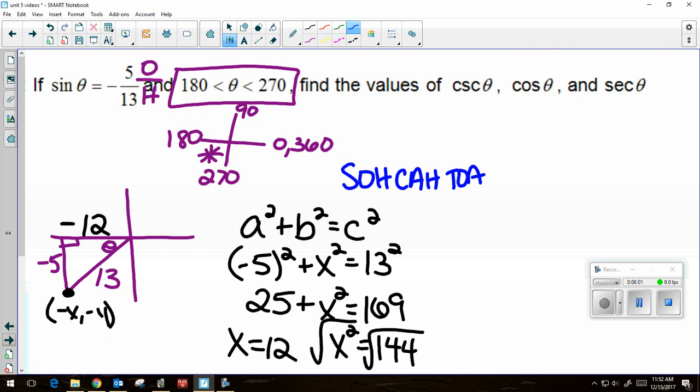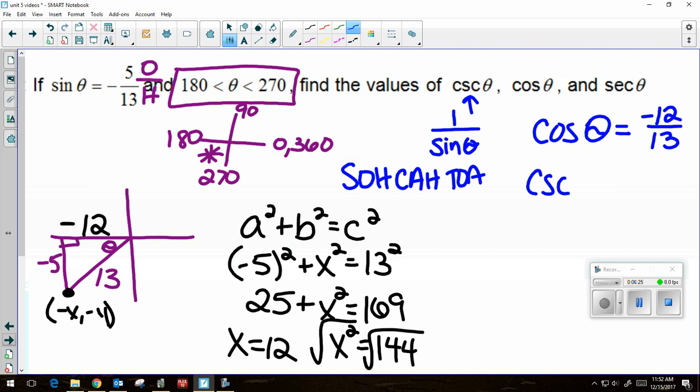Let's do cosine first because that's the easier one that we're used to. Cosine is adjacent over hypotenuse. So cosine theta, adjacent is negative 12, hypotenuse is 13. Cosecant is the reciprocal of sine, 1 over sine theta. So all I'm going to do to find cosecant of theta is flip the sine fraction.